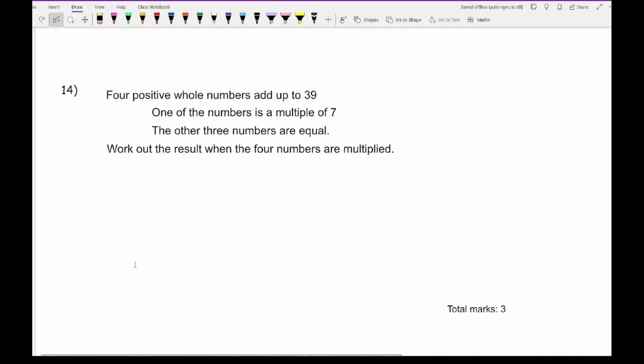Then moving on to question 14, it says that 4 positive whole numbers add up to 39. One of the numbers is a multiple of 7, so very similar to a previous question that we've done. So with the first number being a multiple of 7, if we start by writing those down, and then do 39 minus the blue number, what we end up with is 32, 25, sorry, 18 it's going to be.